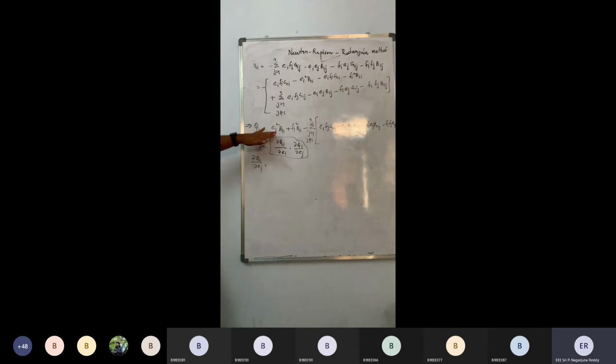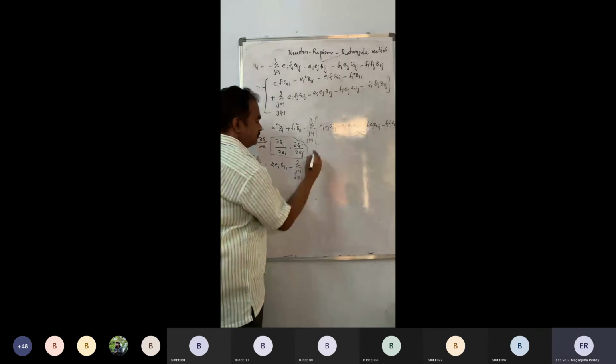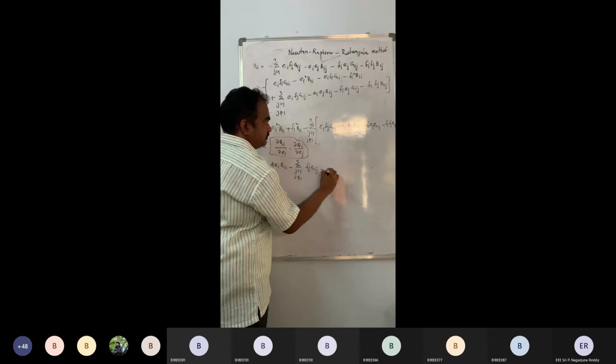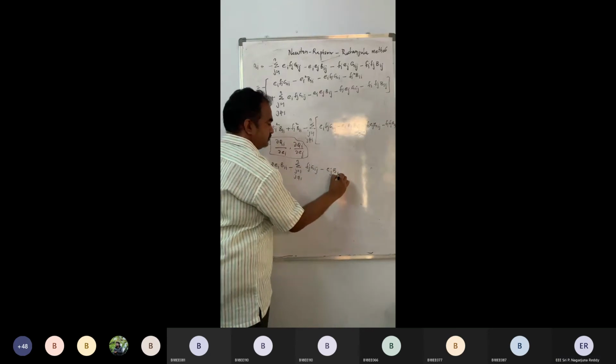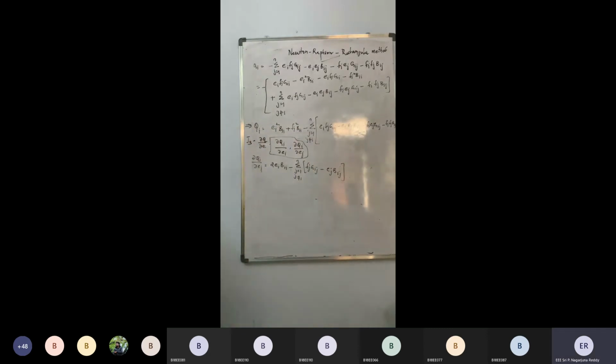Now if you see the expression of reactive power, you can differentiate it. This is 2 Ei Bii. This becomes 0. Sigma remains the same. This is the expression.